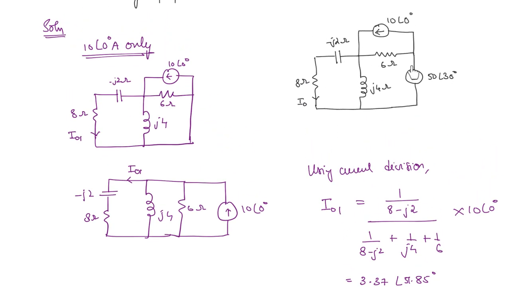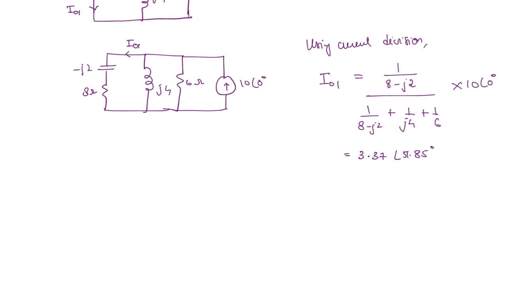Next we will take the voltage source only. That means only this source. Then what will happen to this current source? It will be turned off. That means it will behave like an open circuit. You can redraw the circuit here, the effect of voltage source only.